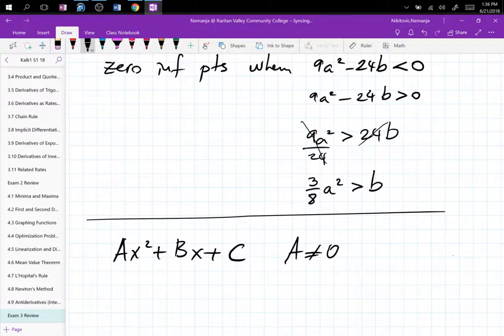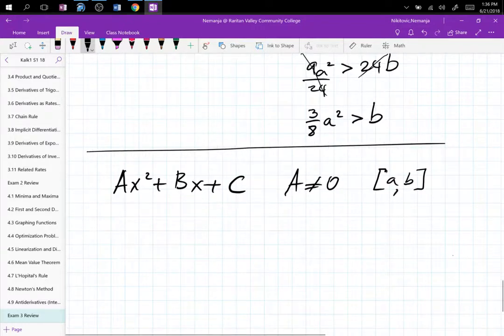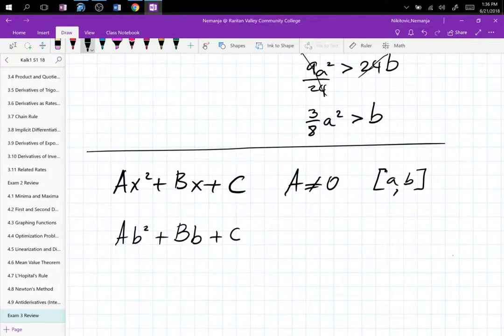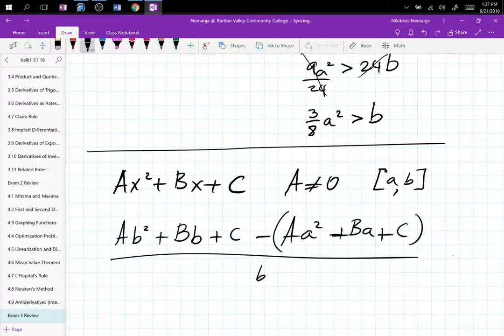So we are on interval a to b. Okay, so this is going to be a b squared plus b b plus c minus, we plug in a squared minus b a plus c, divided by b minus a.